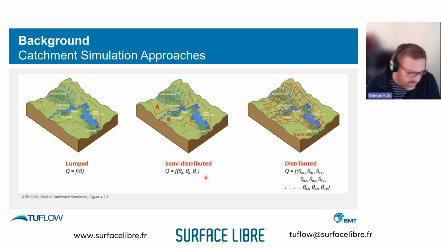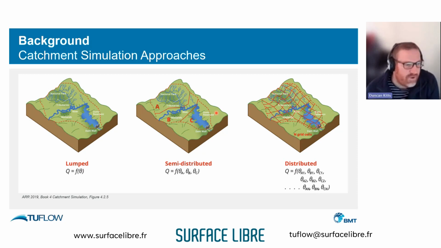As hardware improved, we could start to split that up and become semi-distributed. So we could split that up into headwaters, the middle of the channel, middle of the catchment, for instance, and maybe look at storage features within there and start to split up our catchment into areas of distinct hydrological behavior.